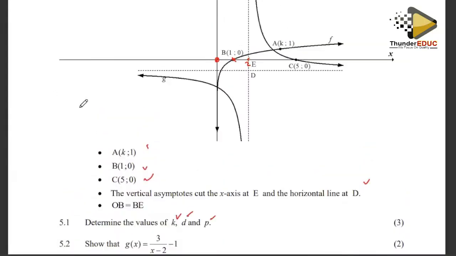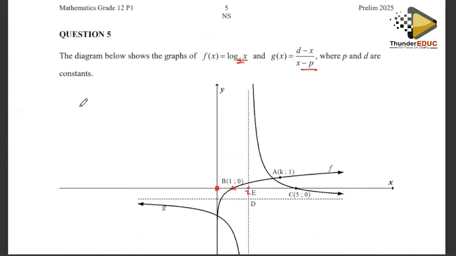So we know that K, where is K? This is K. Where is D? This is D, that is P. So what do we do in that case?